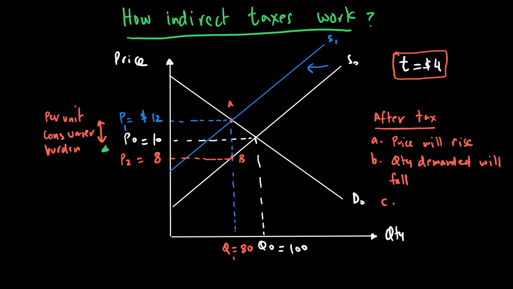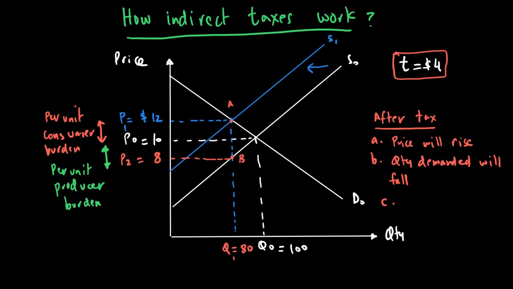And if you look at it from a producer perspective, the producer was getting $10 before, but now after tax the price goes to 12, and of the $12, 4 goes to the government, so 12 minus 4 is 8, and therefore he's now getting 8. So from a producer's perspective, the per unit producer burden is also $2.